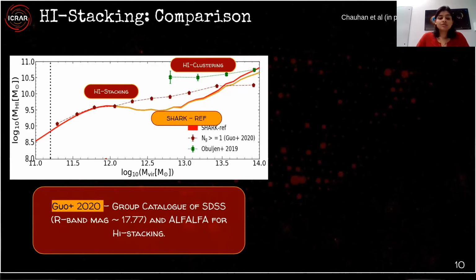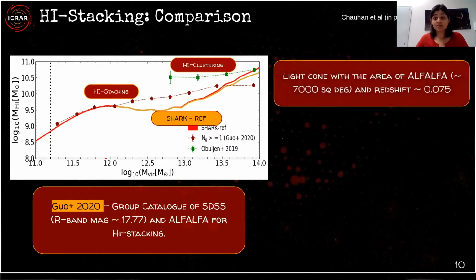We wanted to do an apples to apples comparison. So we went with making a mock survey for ourselves and repeating the entire process the way Gore 2020 would have done, or the other H1 stacking techniques would have taken into account, which I'll be going into in the next few slides.